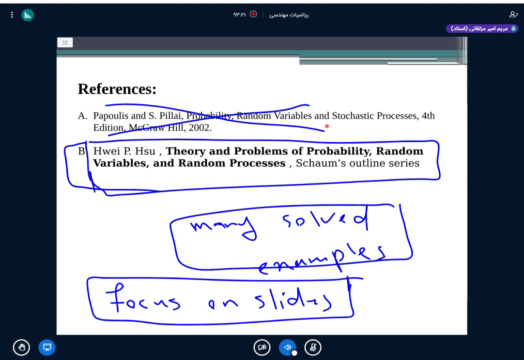It's enough to focus on the slides, and the slides are a small part of this book. If we wanted to teach you all of these books, we would need two terms.